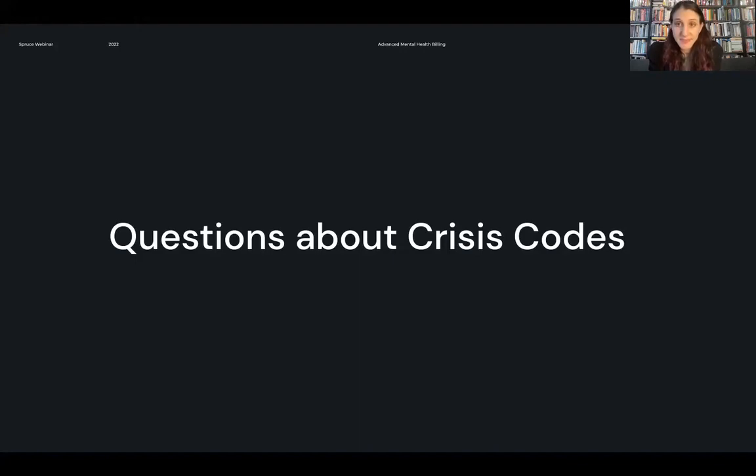Okay, another good one I like. Can the time my nurse spends with the patient also count towards total crisis time as long as I'm also involved? And this is from a psychiatrist. Yes. And actually, this is a really good point. I'm glad that this was brought up. If you work in a team where perhaps you have a psychiatrist involved and you also have a therapist involved, maybe there are other staff members like a nurse who are part of this patient's care team.